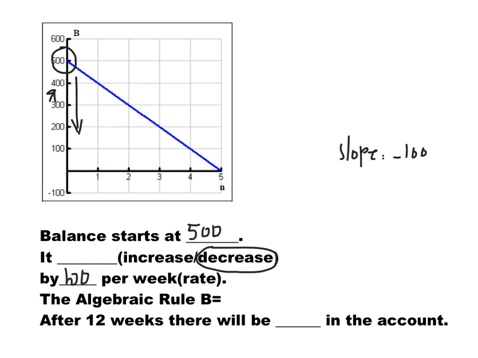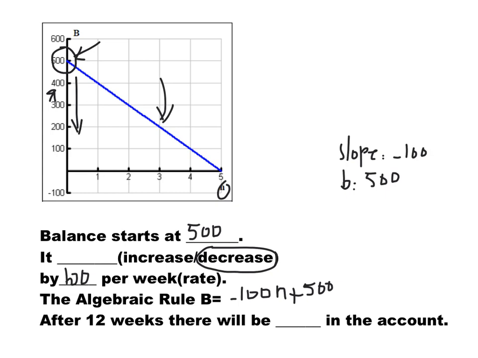Remember, the line is tilting to the right, and it's a negative slope. Now the y-intercept is the initial value. You can see the initial value is 500, so b is 500. Now this means that B is going to be equal to negative 100n plus 500, where we are using n to represent x.